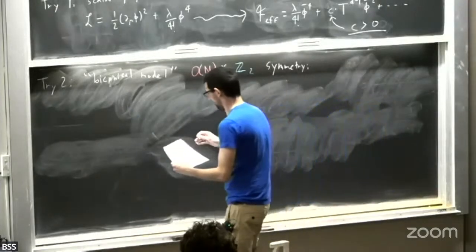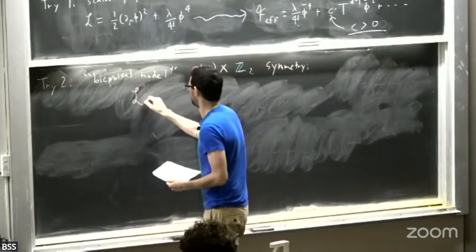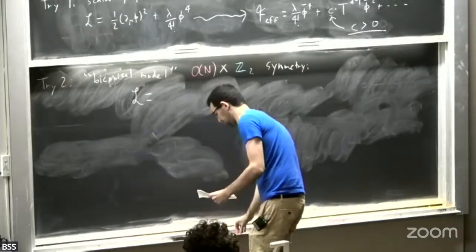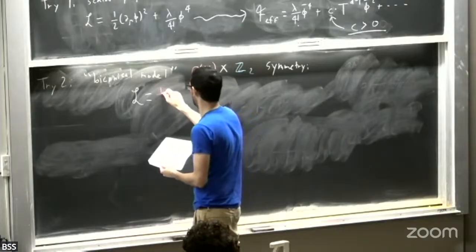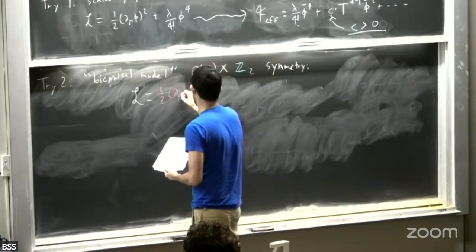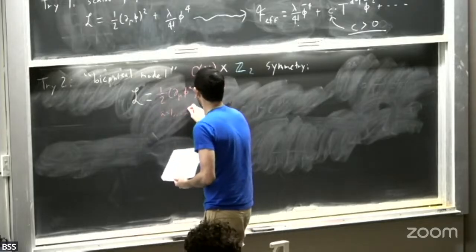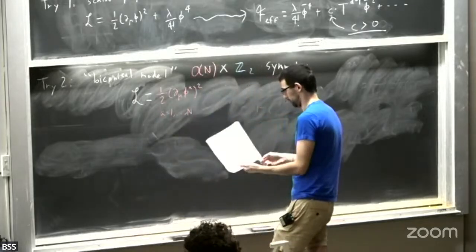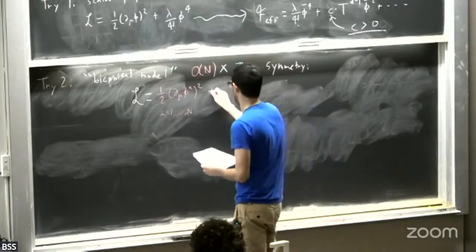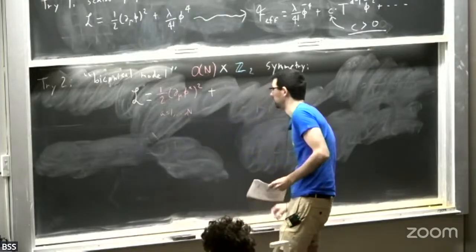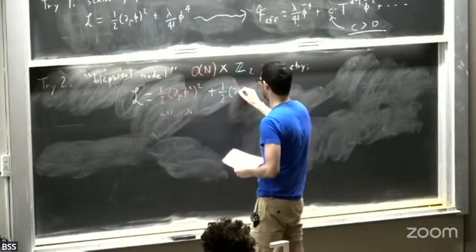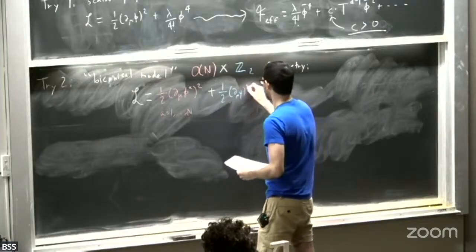Okay, let me write down the most egregious formulation of this problem. Here, this label A goes from 1 to n. We have the scalar, this is just a Z2 scalar psi.